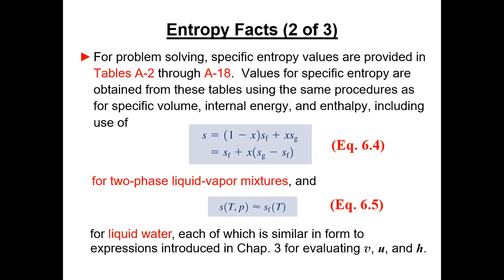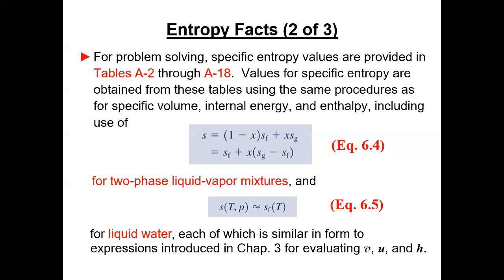Don't evaluate it at the pressure, because all of these things are strongly a function of temperature and weakly a function of pressure. Now, is there a little bit of error in that? Yes, there is. Because when you look it up as the saturated fluid at the temperature, your pressure is not the saturation pressure. If your pressure is higher than that, then you're a compressed liquid, and so there's a bitty error in that.